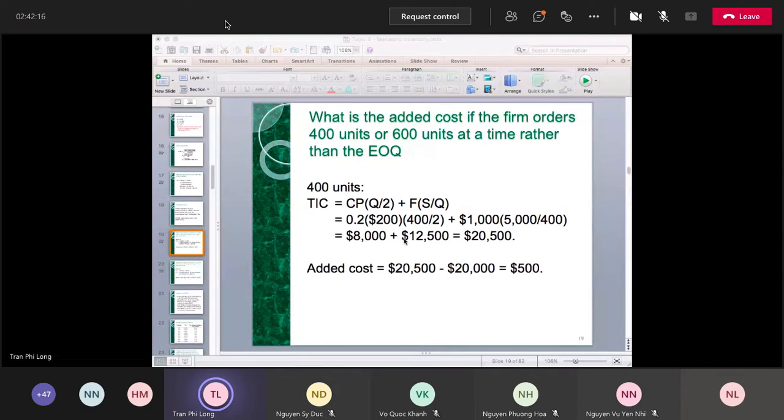You can see what happened to the total inventory cost. You want to see whether or not the total inventory cost increases as in the theory.